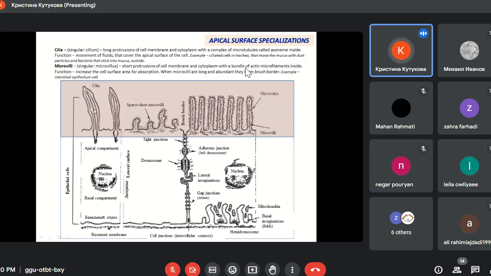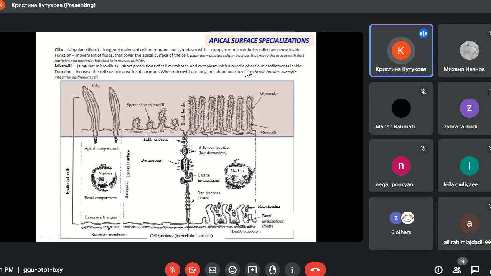And this complex of microtubules inside the cilia is called axoneme. The function is to move fluids that cover the surface of a cell. The example is the ciliated cells in trachea that move mucus with dust particles and bacteria that stick into this mucus outside from lungs toward the pharynx.